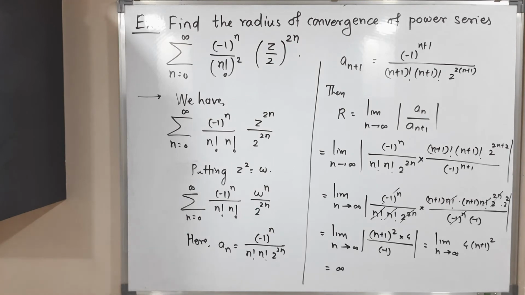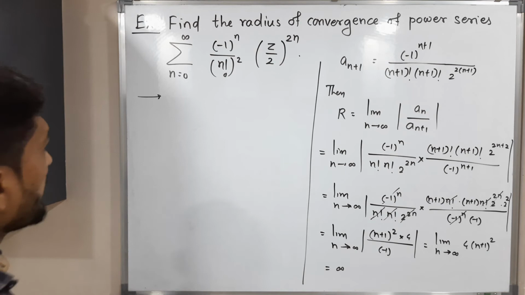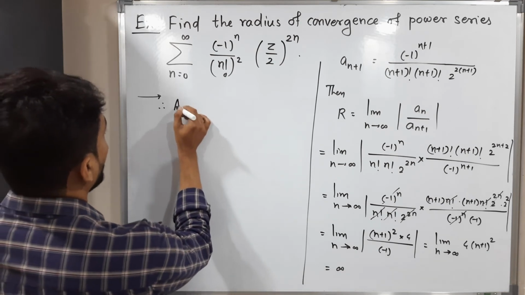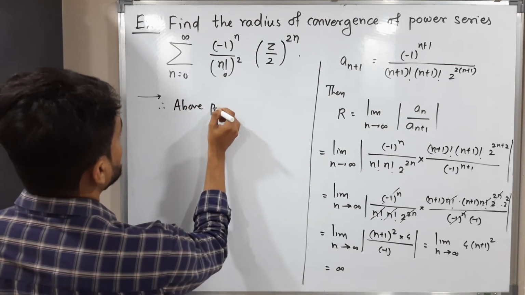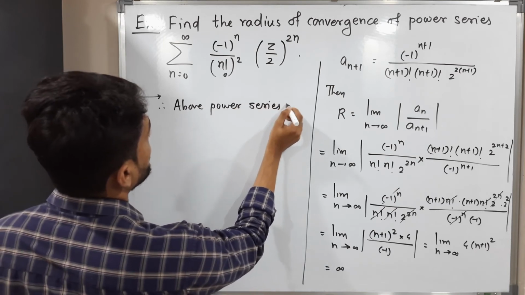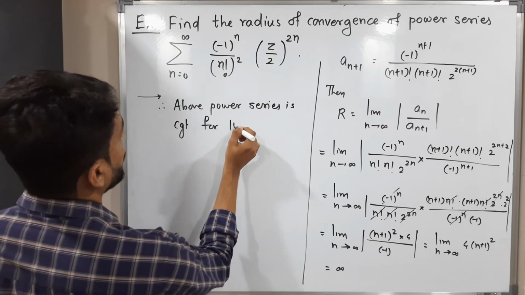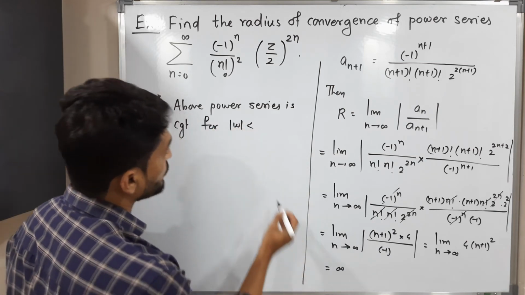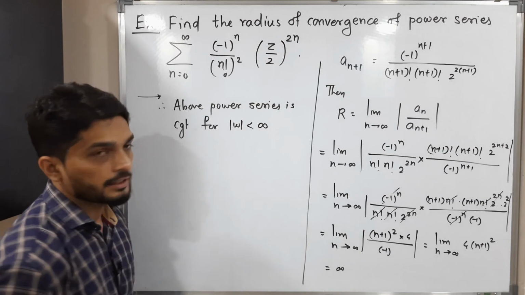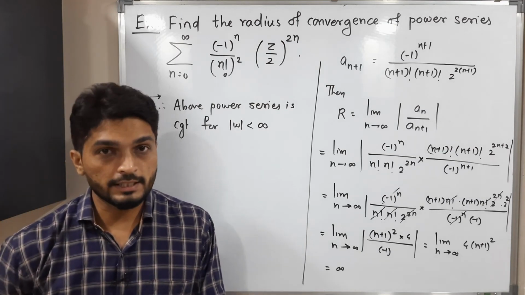Make a screenshot of it, then we will go further. So let me continue here. Therefore, the above power series is convergent for mod w less than the radius of convergence, that means less than infinity. See, w we have taken, but actually the value of w is z square.